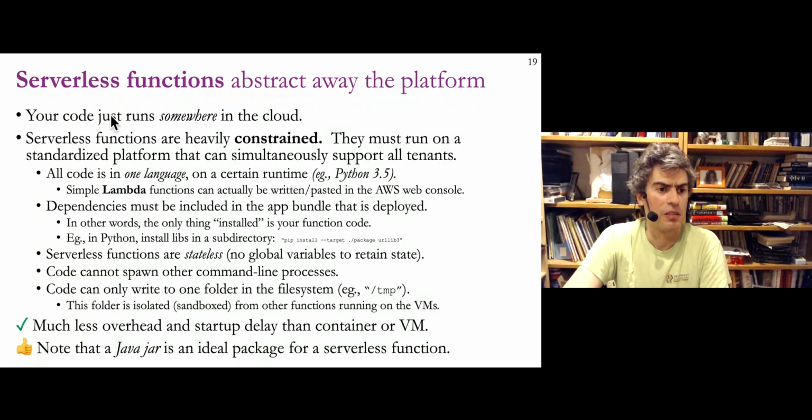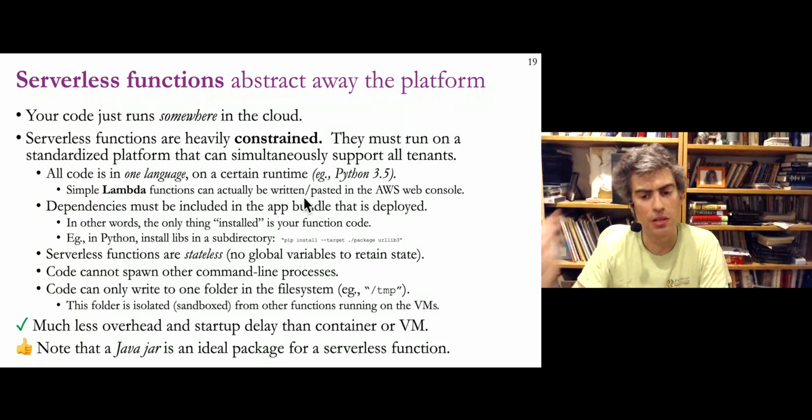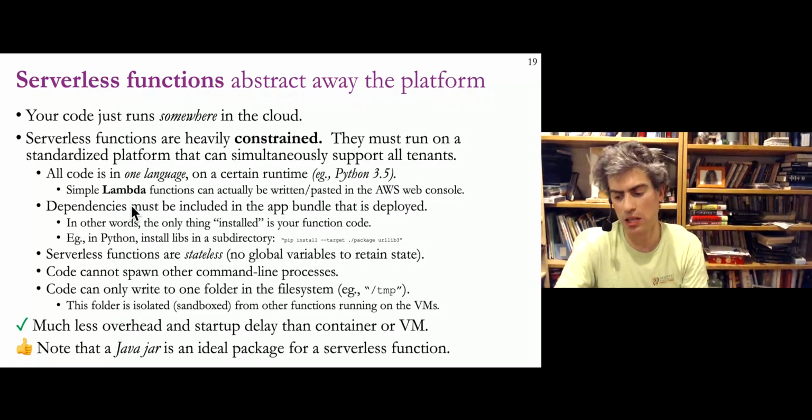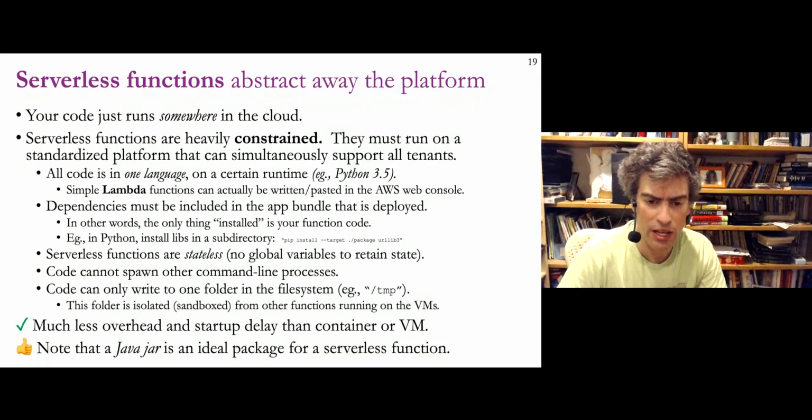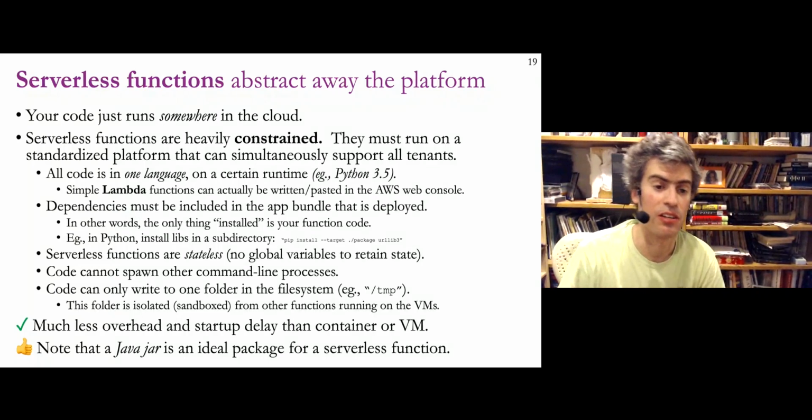On AWS, the serverless function system is called Lambda, and you can even deploy these by copying and pasting or writing code directly in a web browser. It makes deploying code to the cloud very simple, but it gives you a lot less control over the environment because you're using a very standardized environment.